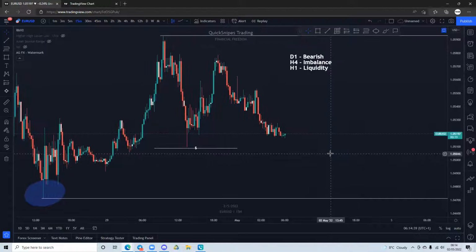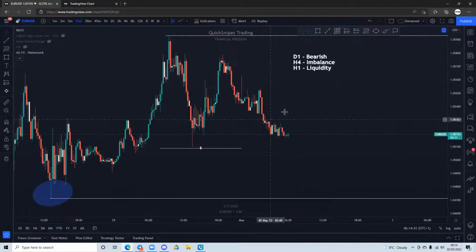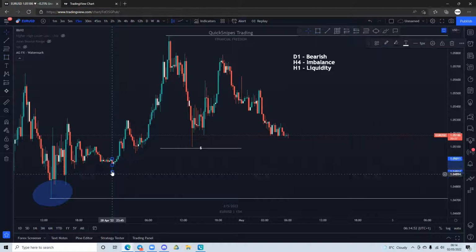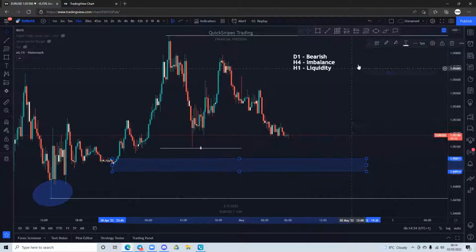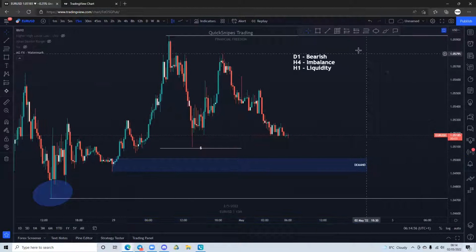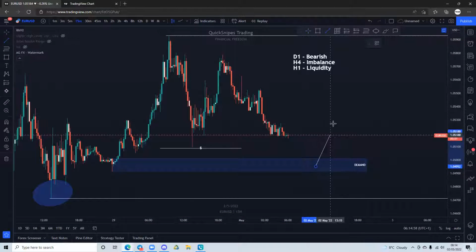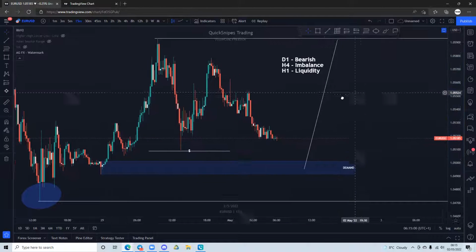On the 15 minute, I'd like to ideally see a break of this liquidity area for us to potentially retest this sort of area as demand to fuel the move up to this swing high.